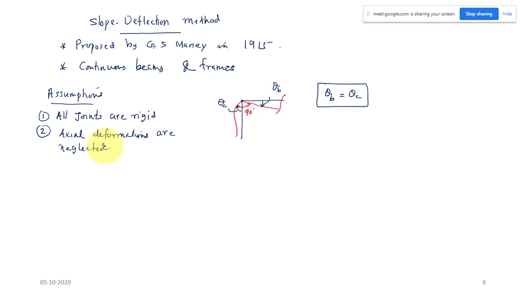So that means, suppose we have a frame, and due to some loading it is deforming. Maybe there is some horizontal load acting on the frame, so it is deforming like this.